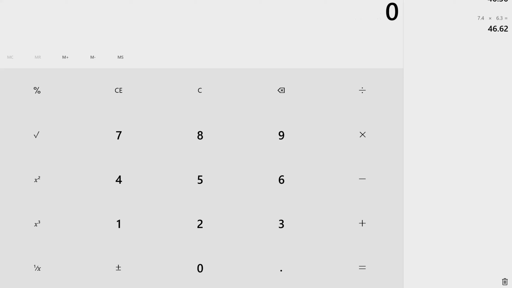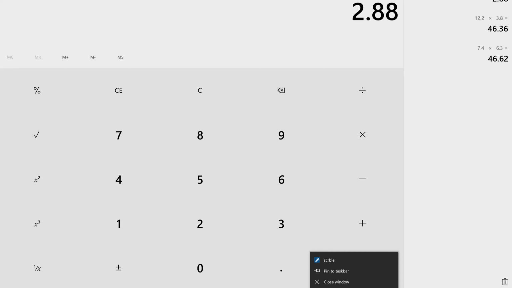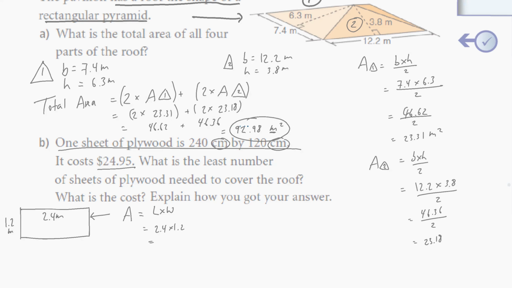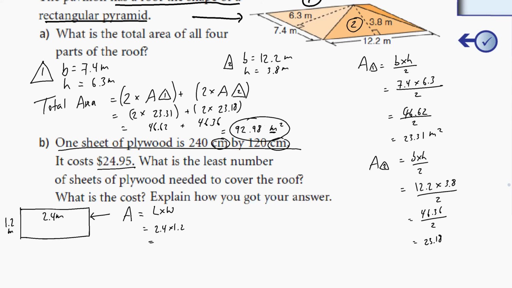And 2.4 times 1.2 is equal to 2.88 meters squared. So 1 sheet of plywood gives us 2.88 meters squared of coverage.